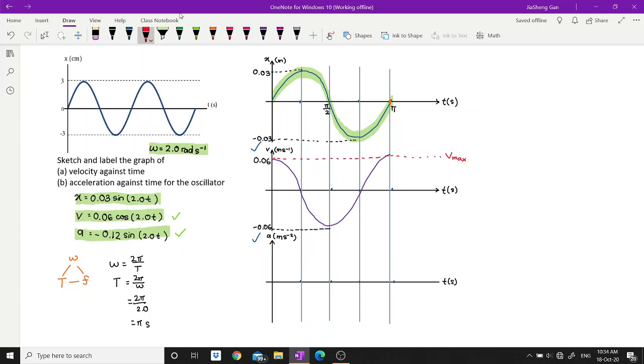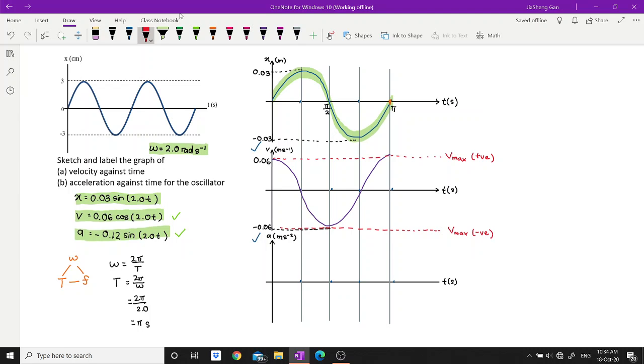This is the Vmax, whereas this bottom here represents also the maximum velocity but in the negative direction. So this will represent the Vmax for positive, whereas this will represent the Vmax for negative.